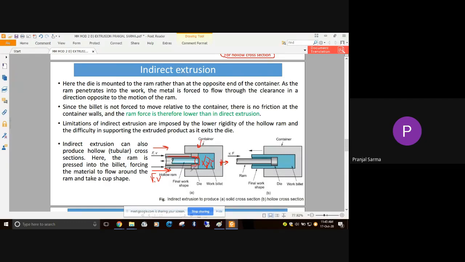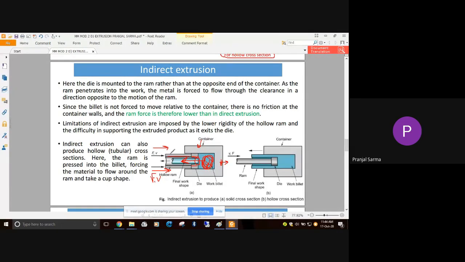Now as the die itself is mounted on the ram, what will happen if we move the ram in this direction? This work billet will get compressed, definitely. But after it reaches a particular compression, the metal will come out and flow in this direction through this die opening.